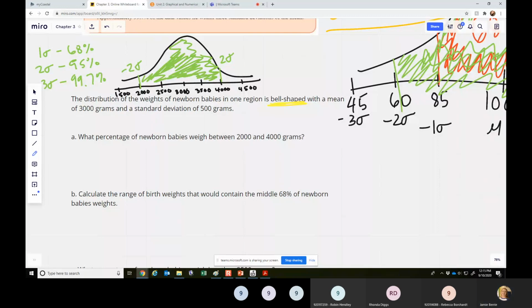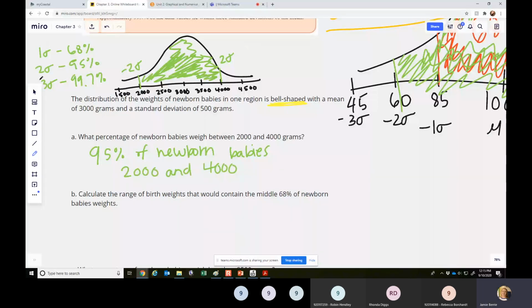All right, so since 2,000 and 4,000 are 2 standard deviations away from the mean, that's going to tell us that 95% of newborn babies, and I'm just writing out the full sentence here. You could just say 95%, it would be okay.